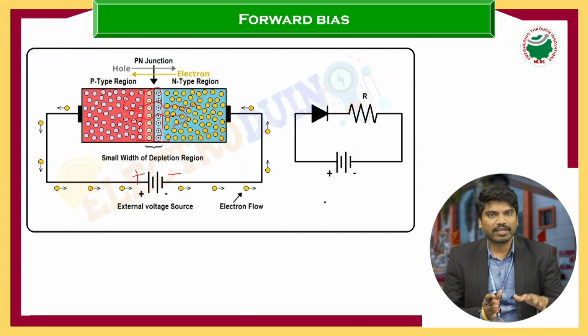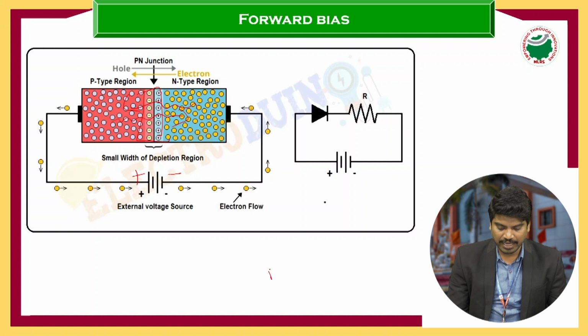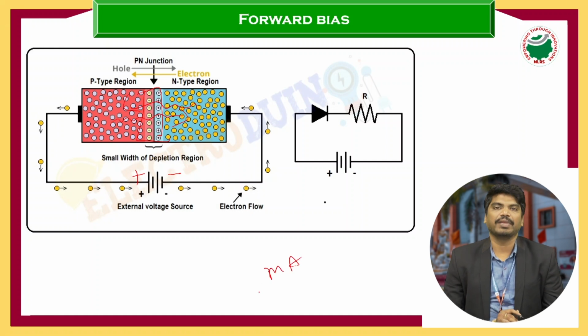So the depletion region becomes narrow in forward bias and the flow of current is in the range of milliamperes. As we increase the voltage, how the current will increase, we will see at the end while explaining the IV characteristics of the PN junction diode.